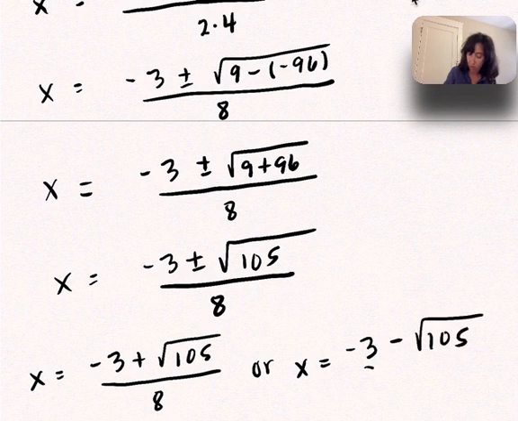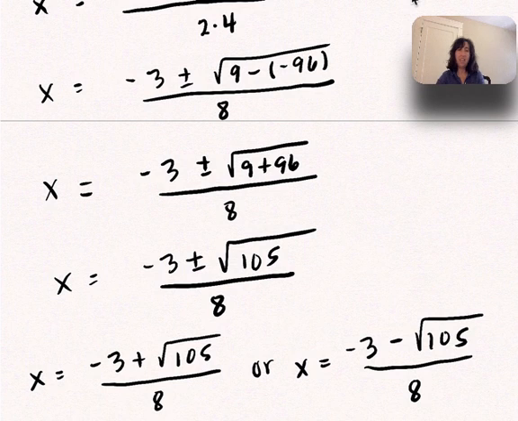So if you were wondering what the plus or minus means, it essentially means we have two answers: one where there's a plus here, and another where there's a minus here. Now we can leave this as is, which would be called an exact answer. If you can simplify the radical, you can go ahead and try to do that. Or we can type this into a calculator to find a rounded answer.